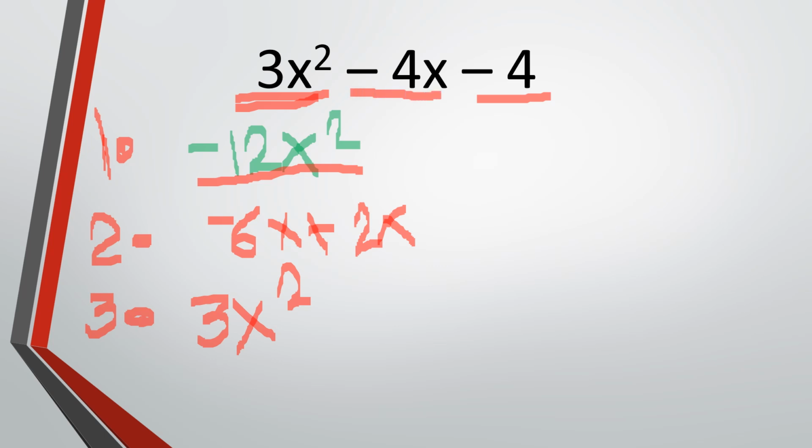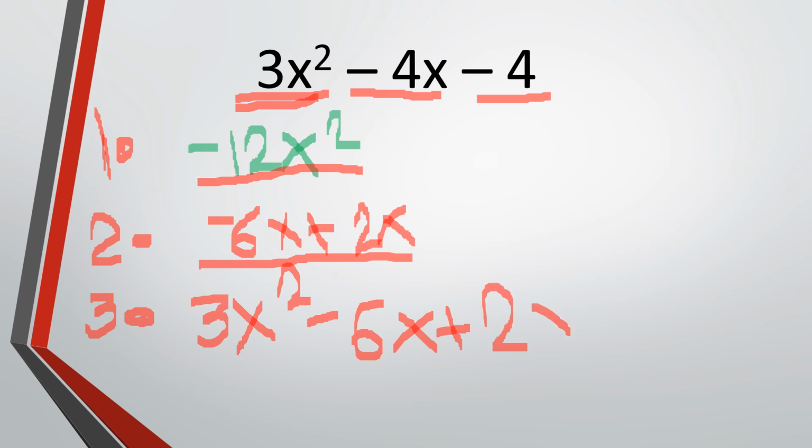Instead, use this in the step 2. So, we have negative 6x plus 2x. And copy negative 4. Alright, that will be now our step 3.